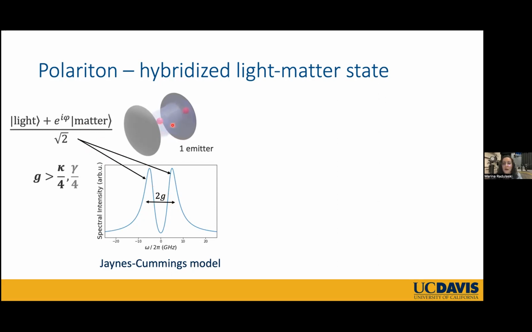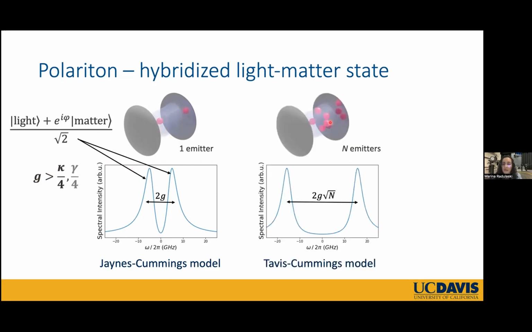Now, if our coupling rate g is not high enough to get us into the strong coupling regime to overcome kappa over 4, a trick we can play is to add multiple emitters into the cavity. And now this is not the Jaynes-Cummings model anymore, it's called the Tavis-Cummings model.